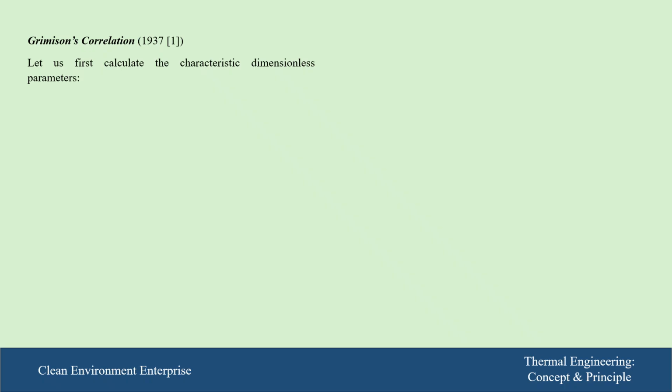Let us first try the Grimison correlation, and to start we have to calculate the dimensionless parameters XT divided by d naught and XL divided by d naught, which are equal to 1.5. With table 1, we will get C equal 0.278 and m equal 0.62.